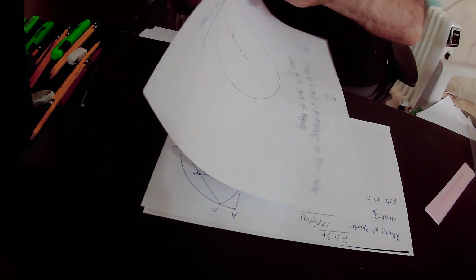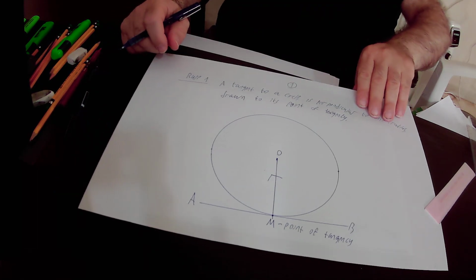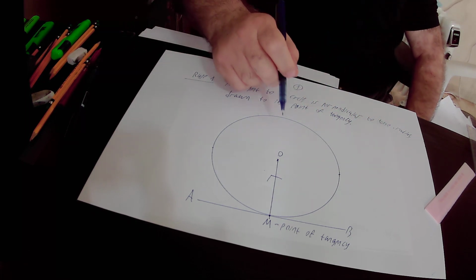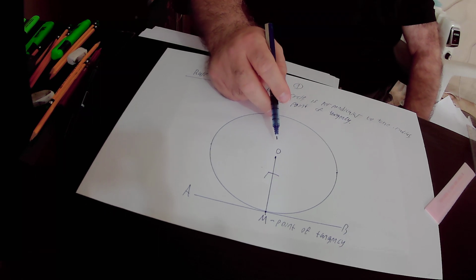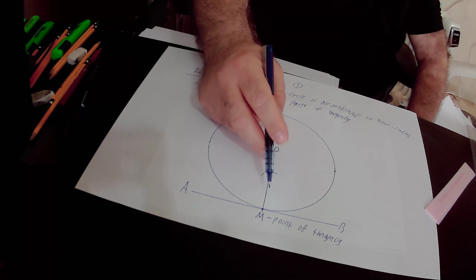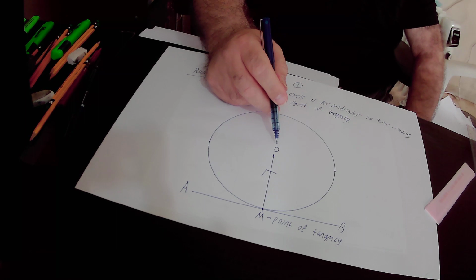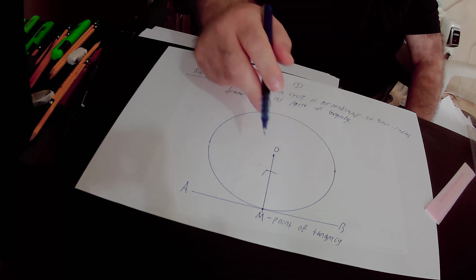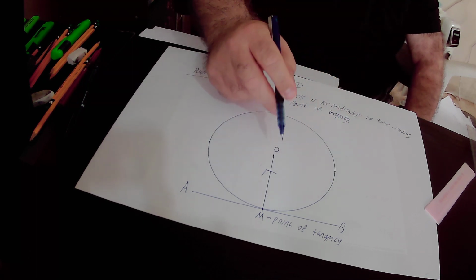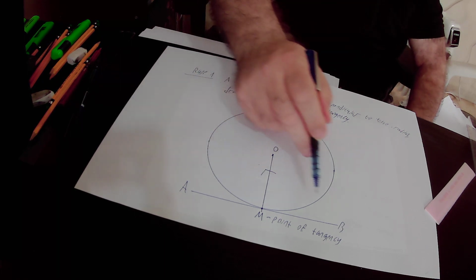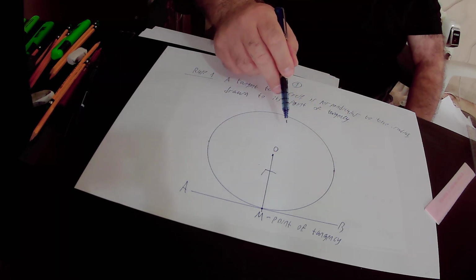So what is the meaning of rule number 1? The meaning of rule number 1 is that whenever you have a radius, like in this drawing, the radius OM, that is the radius of this circle, whenever the radius is drawn to the point of tangency, like in this case, the radius OM is drawn to point M, that is the point of tangency of tangent AB with this circle, then according to rule number 1, the tangent AB will be perpendicular to the radius OM.